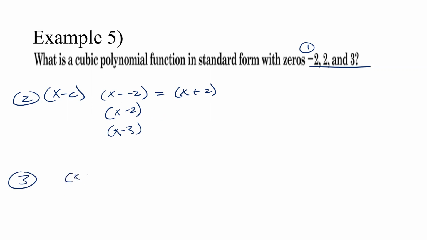So I have x minus 2 times x minus 3 times x plus 2. I didn't want to write them in that order, so I can use a property. Let's try that again. x minus 2 and x plus 2, then x minus 3.